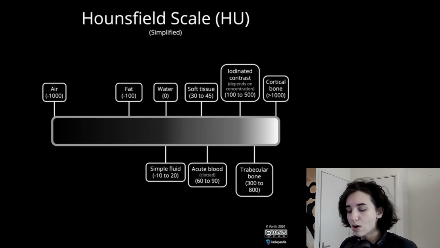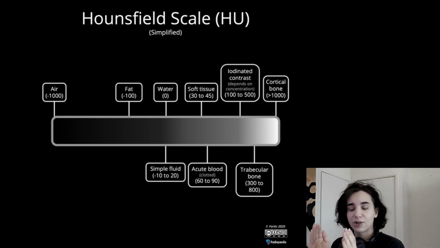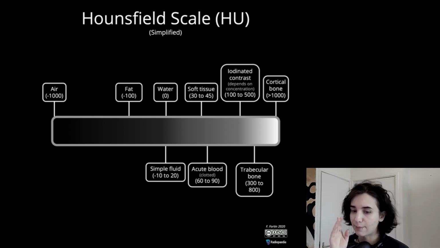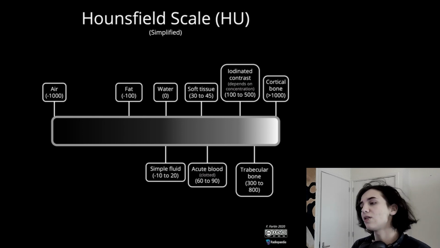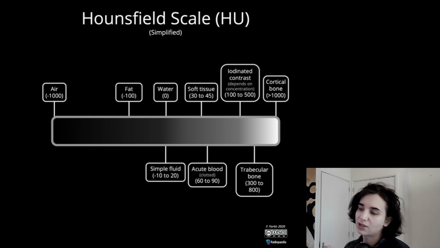Now window width is mostly about the number of grays that we are looking at, and window level is basically the main point of grays that we are interested in, the main type of tissue that we are interested in.